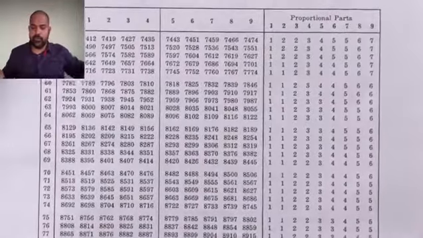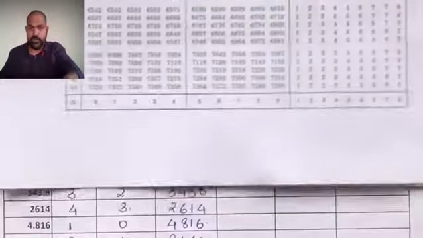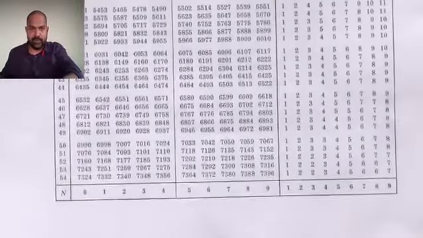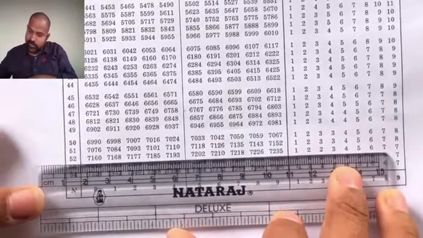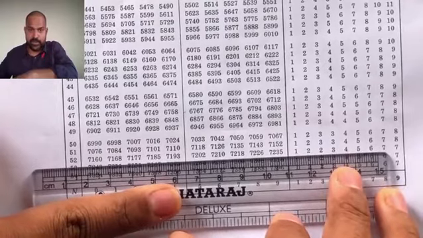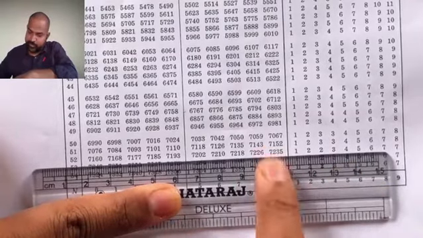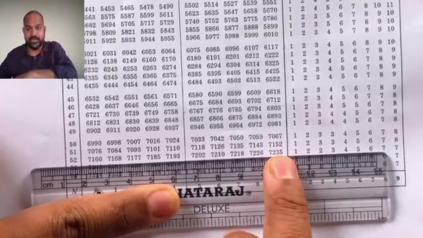Let me show that to you again. In this sheet, under 52, we need to look for 9. Let me put a scale horizontally under 52. Under 52, 9 is basically the last column. So under 52, 9 is 7235. Correct? But it doesn't stop there. There is another 7.